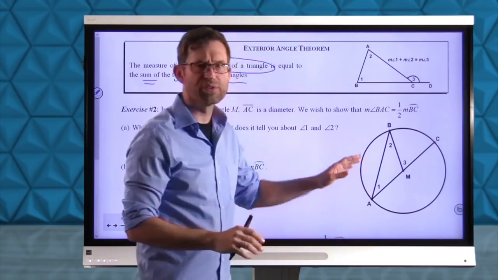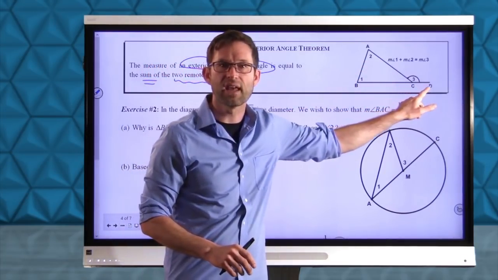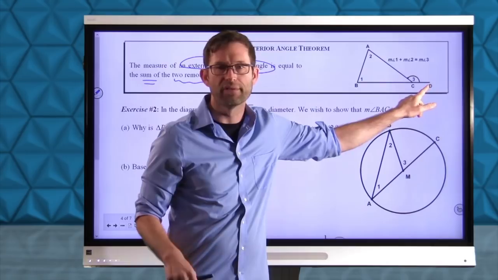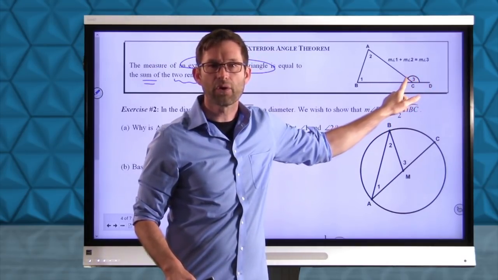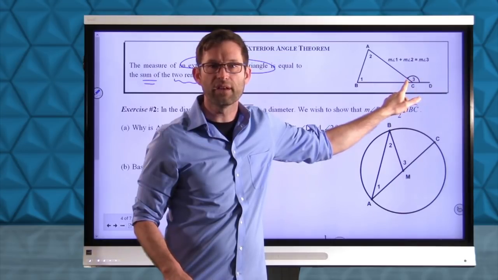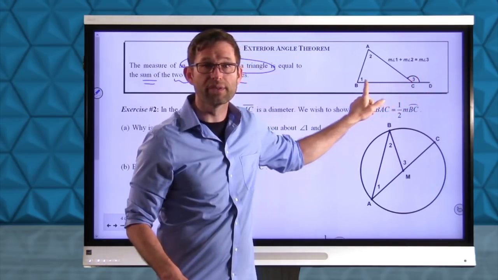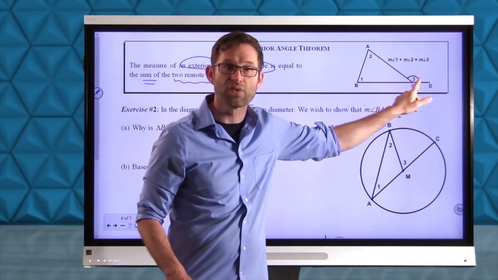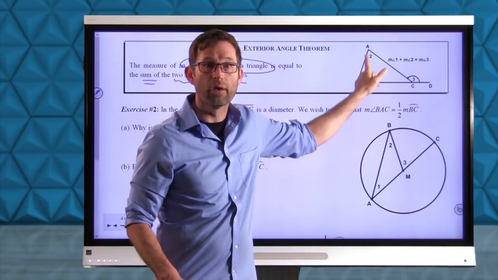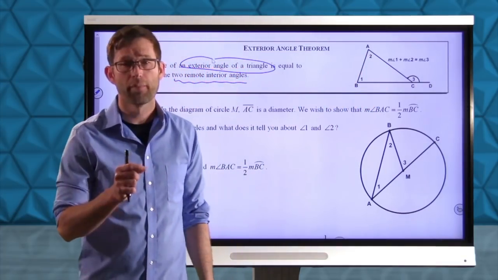I've got some triangle, and if I take a side like BC and extend it out to some other point, call it D, it creates an exterior angle. That exterior angle is adjacent to one of the interior angles, but more importantly, it is the sum of the two angles it's not adjacent to. So that thing is angle 1 plus angle 2. That's going to be pivotal in the proof that we're about to do.